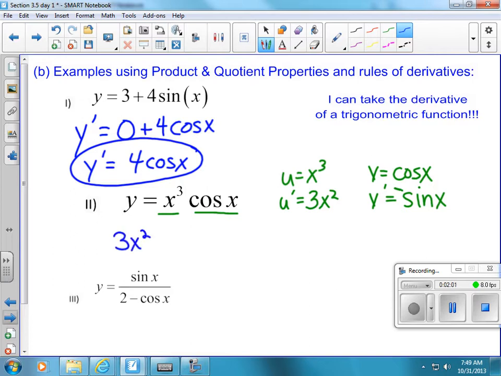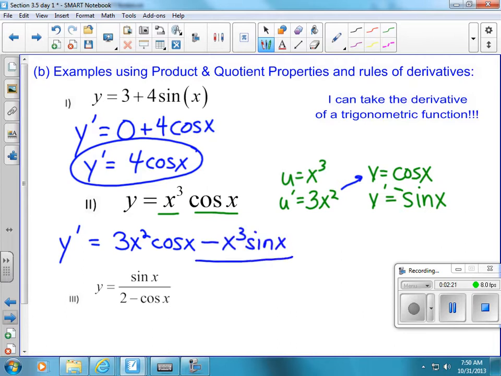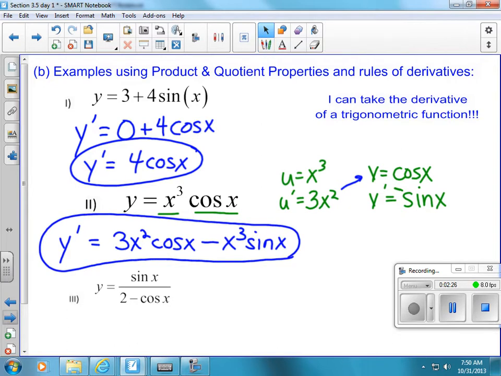It doesn't matter which way you write these, one plus the other, because addition is commutative. So u prime times v, plus x cubed, although it's going to be minus sine of x. So let's do minus x cubed sine of x. And that's our derivative for example number 2.